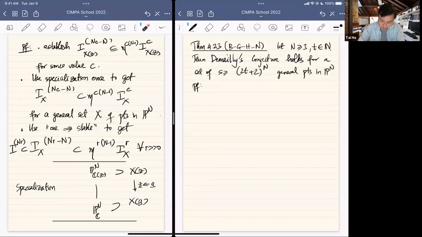And so let me just say the proof once again. The first step is to focus on the generic set of points, and try to establish whatever containment or inequality you would like to have for the generic set of points.